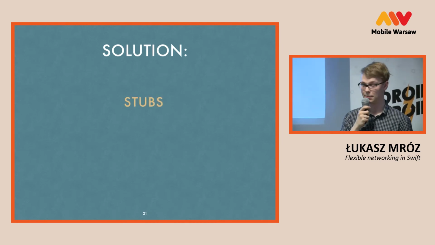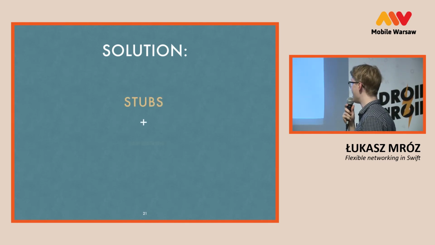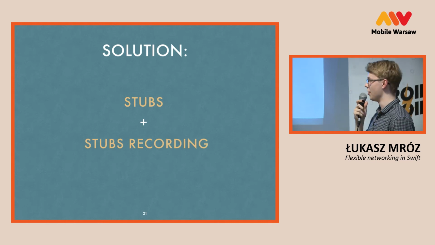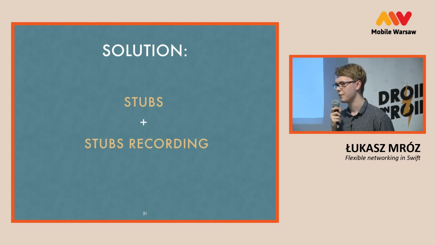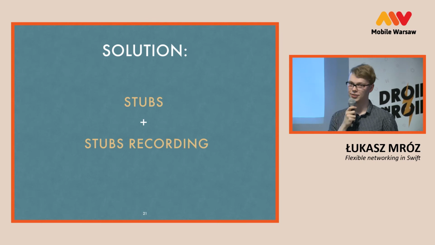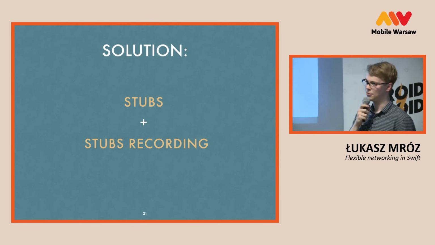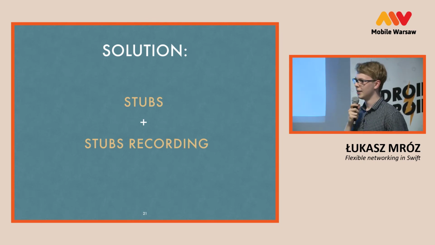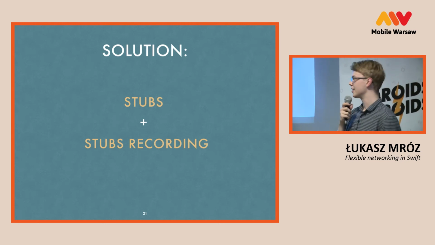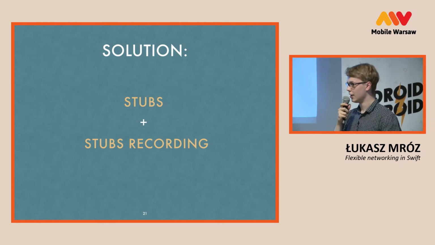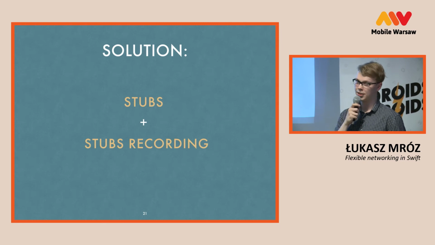So what is my solution? Using stubs with simple data and recording stubs. You could record them manually and add them to the project and do a script that gets it from the folder or whatever it is.